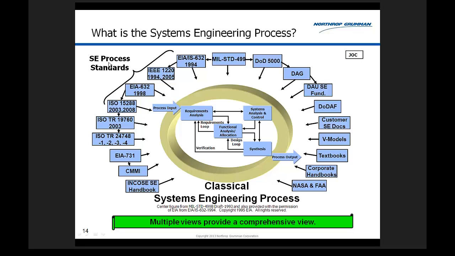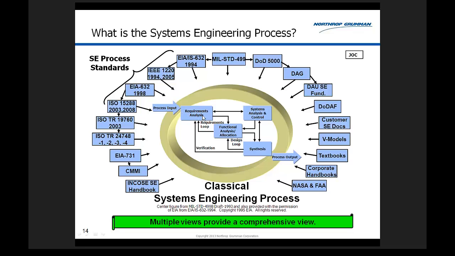Today we're going to look at the SE process standards view here in the upper left-hand corner that we talked about. The grandfather of them all is MIL Standard 499. So now, it's basically input, process, and output, IPO. The process input is the mission needs and scenarios, the things the user wants, whatever the problem is.